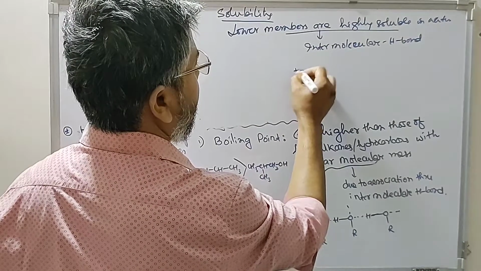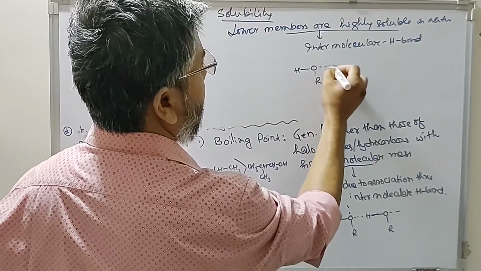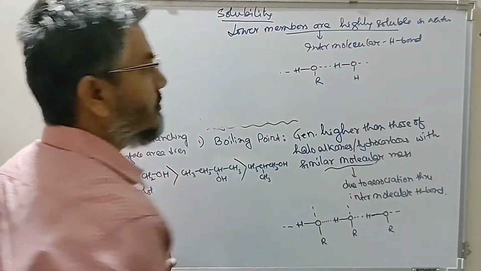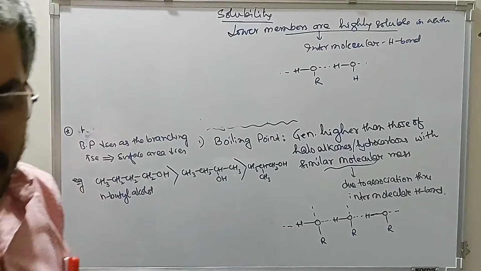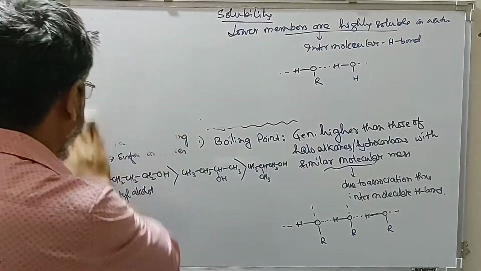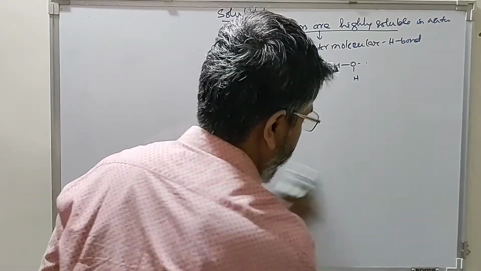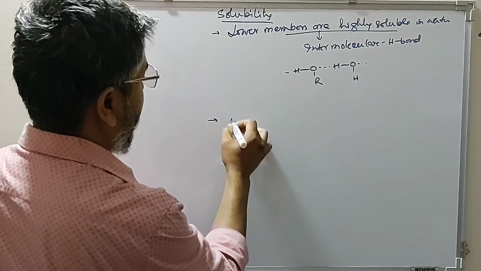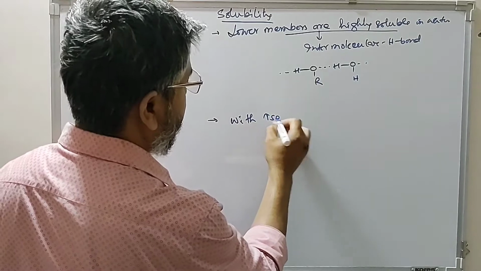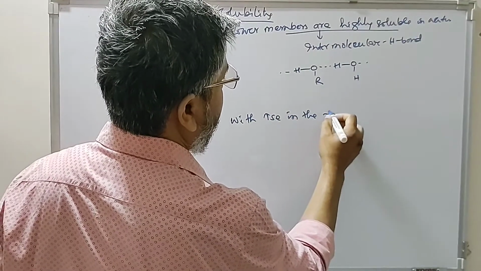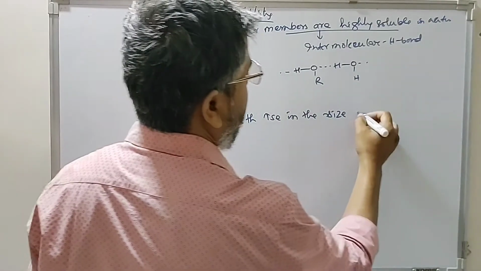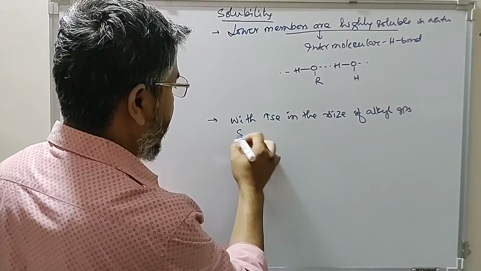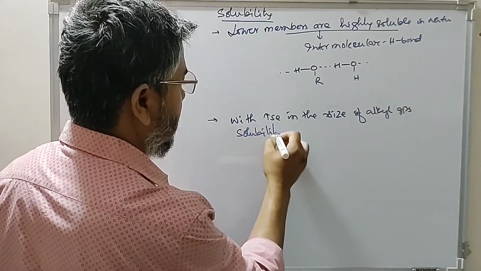So we have this. This is alcohol. This is water. So we have this association through hydrogen bond. But as the size of the alkyl group increases, solubility decreases.